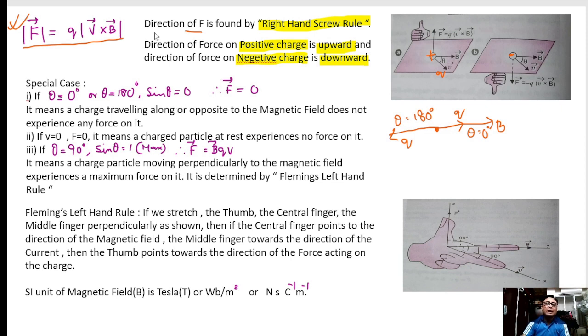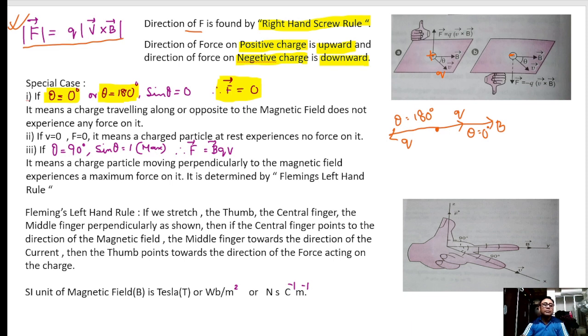Sine 0 and sine 180 is 0. So when the charge is moving in the direction of the magnetic field or opposite, remember it, the force acting should be 0. The force acting will be 0 if theta is 0 degree or 180 degree. Okay, no force will act on the charge.